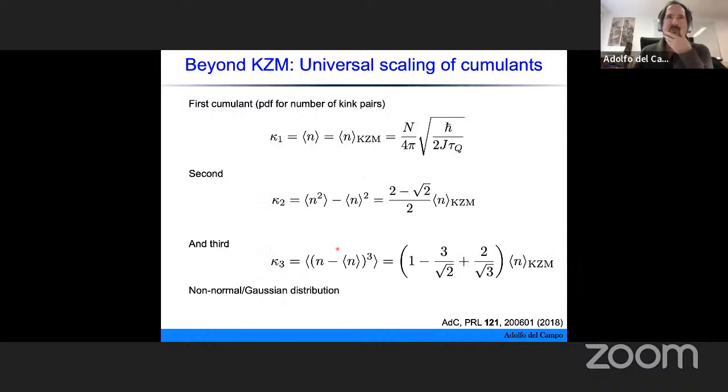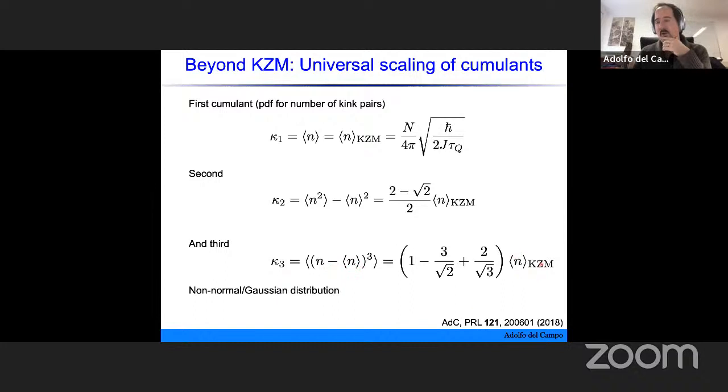To see it a bit more closely, the first cumulant is equal to the mean number of topological defects, and it matches exactly the prediction of the Kibble-Zurek mechanism in this large tau Q approximation. The second cumulant is the variance, and you see it's proportional to the Kibble-Zurek mean density times a numerical prefactor. The third cumulant happens to equal the third central moment.